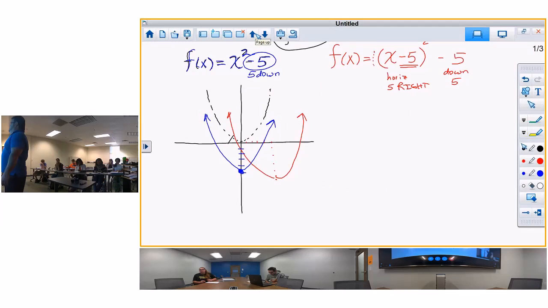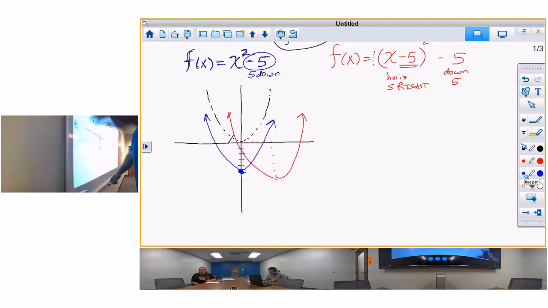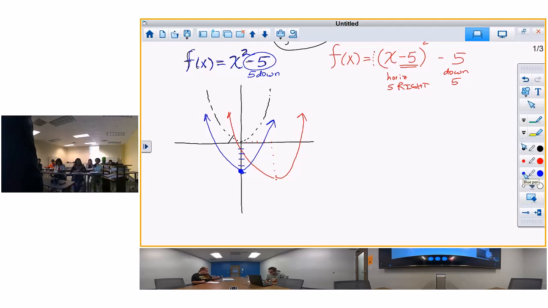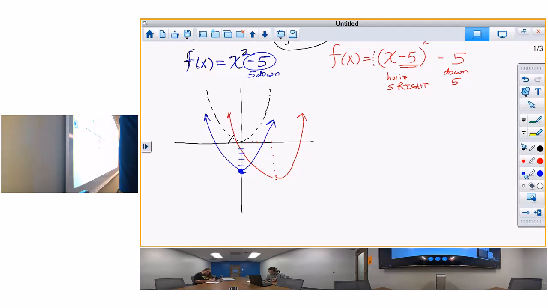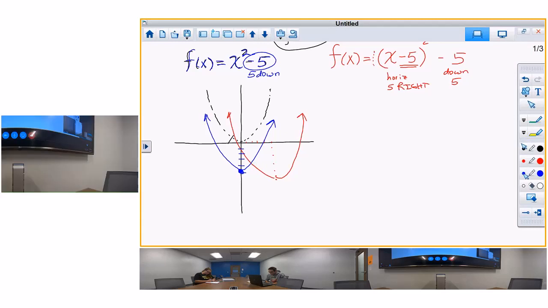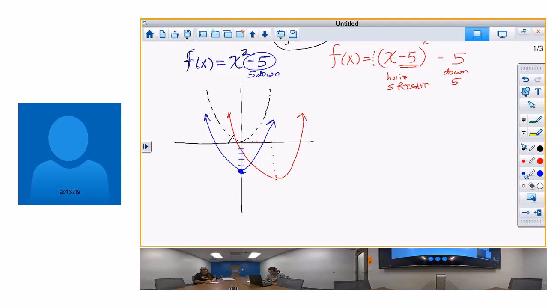This one, the blue: what's being done on the x-axis or the y-axis as far as the difference between the black and the blue? Is the black and the blue the same or different?